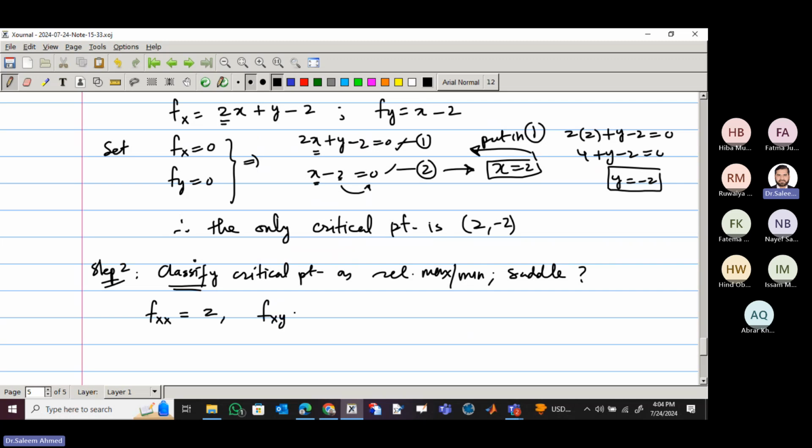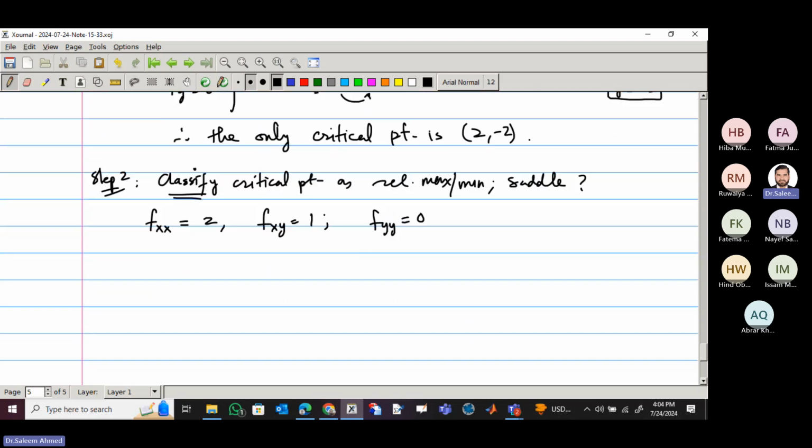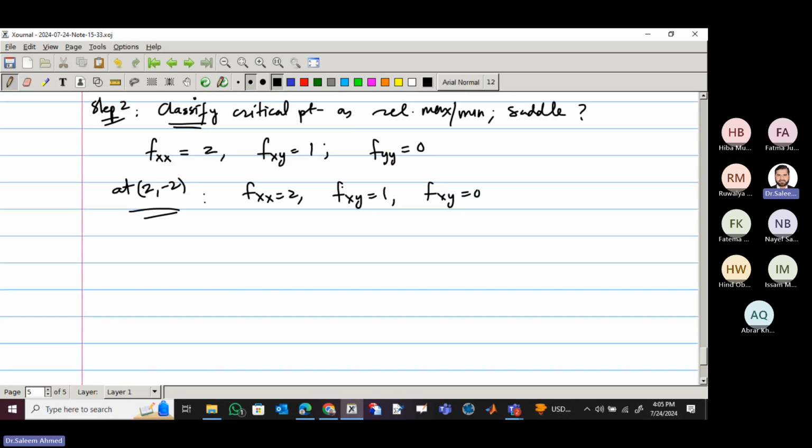Then fxy, fx with y, gives you only 1, and then fyy gives me 0, since there is no y here. Then you put the critical point (2, -2) here, but they will not change, because they are constants. If there is any x, y here, of course, you will put the point and calculate these things.